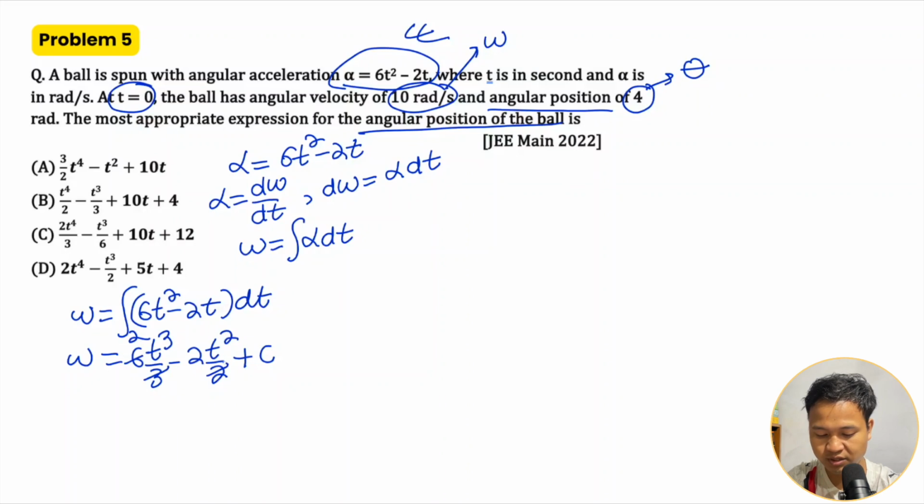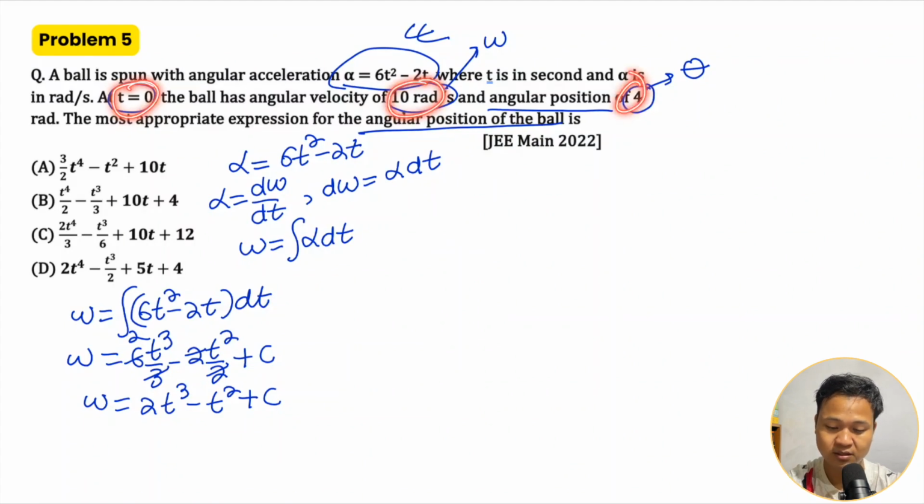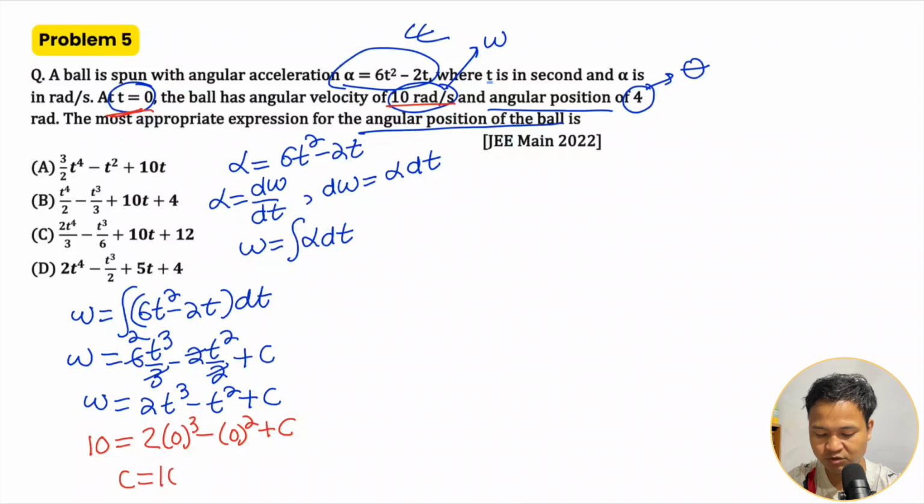If you cancel, 2 is gone, so omega is equal to 2t cube minus t square plus c. We have to find c. Put t equals 0: at t equals 0, omega was 10, so c will come out to be 10. Therefore omega is equal to 2t cube minus t square plus 10.